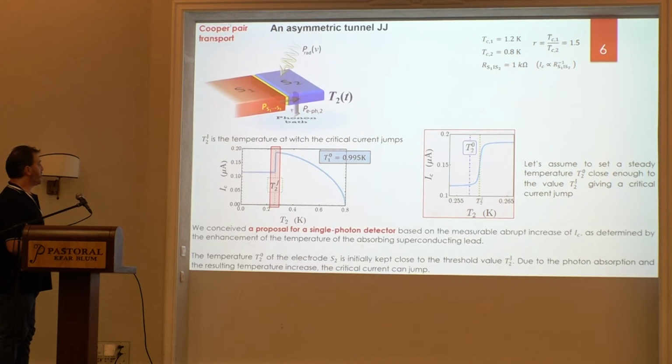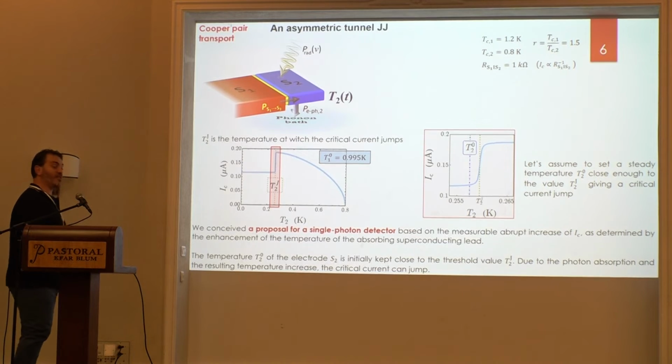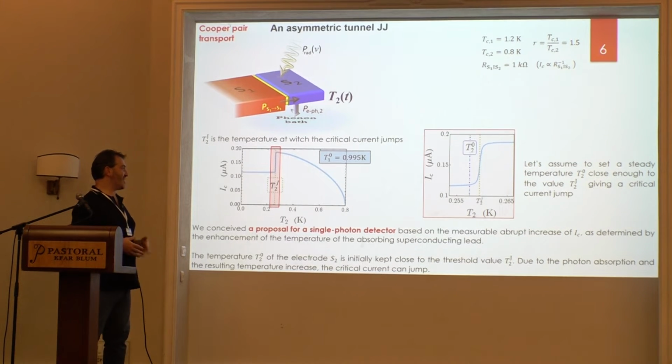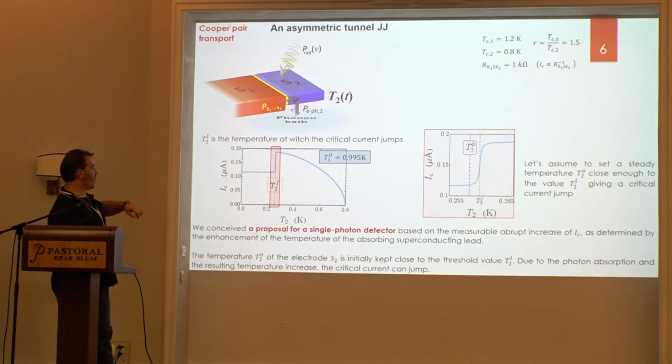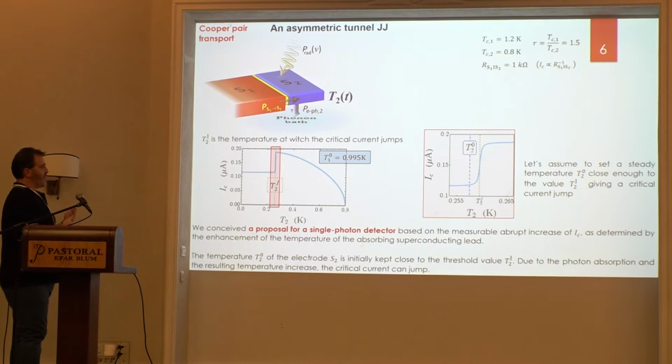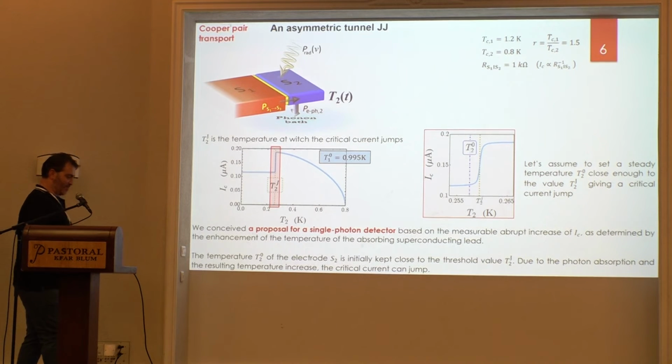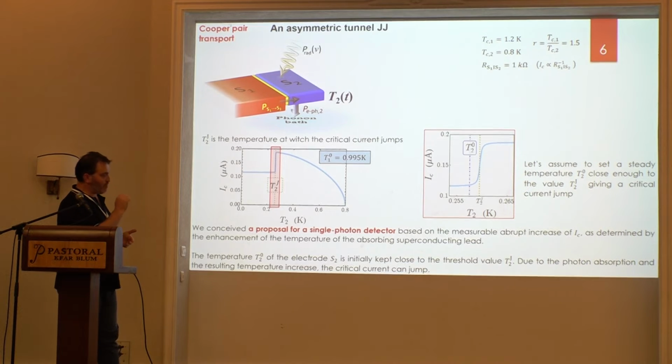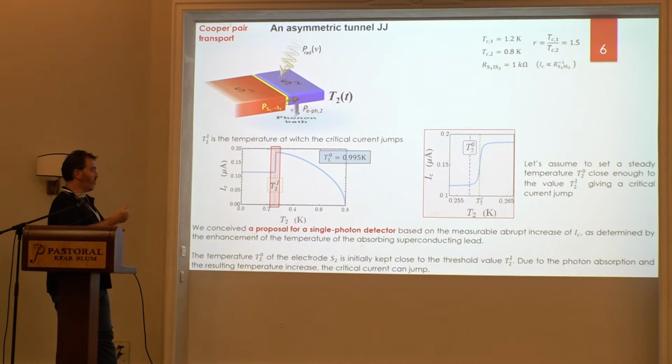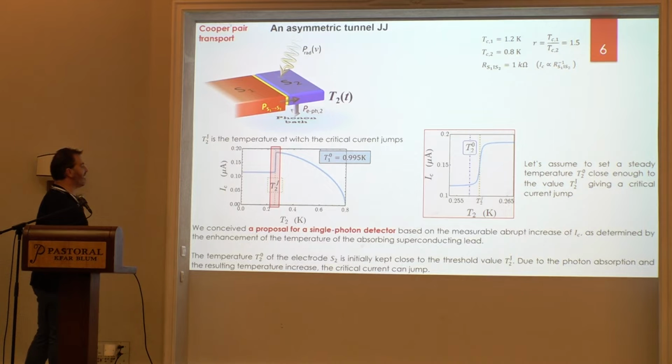So one thing that we proposed was a single photon detector. We managed to set the temperature of the system a bit below the temperature at which the critical current jumps, and imagine some situation in which the absorption of a photon can get the temperature of this lead to increase a bit, and to read the absorption of a photon as a critical current increase.